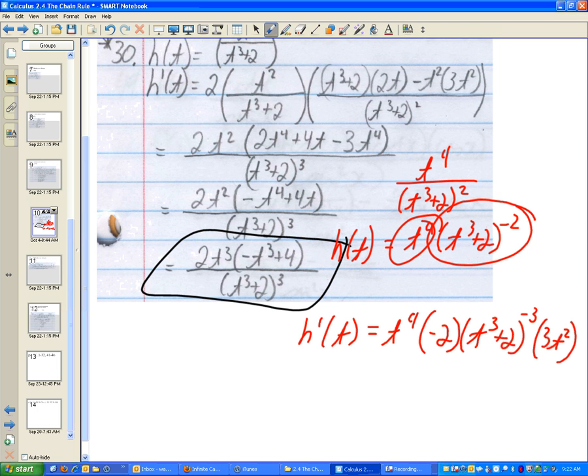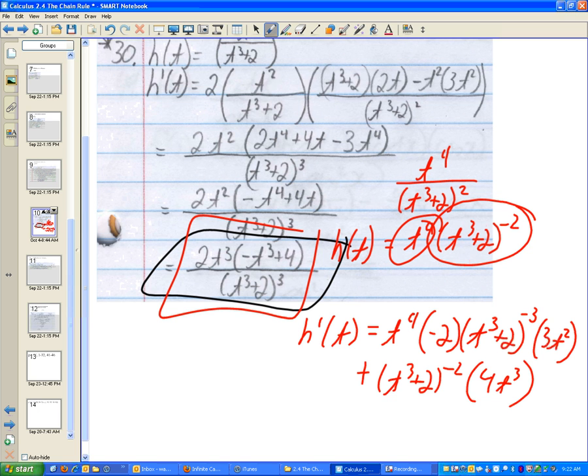That's the first function times the derivative of the second, plus the second function times the derivative of the first. And there's nothing wrong with that. Now you got to simplify it and get this. Okay? I don't know how you can avoid it. What do you want to do?